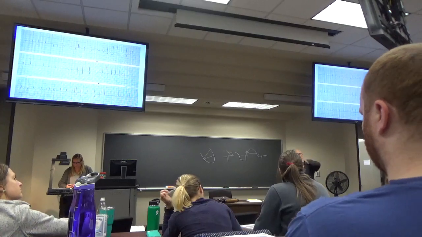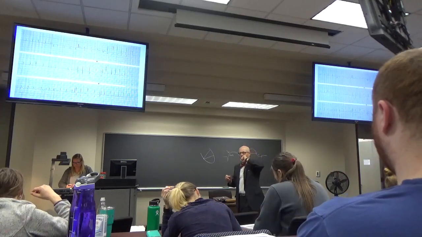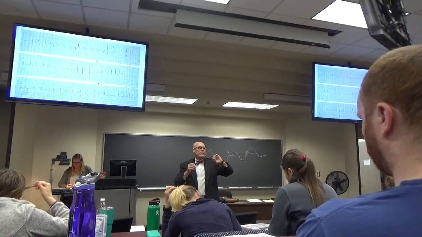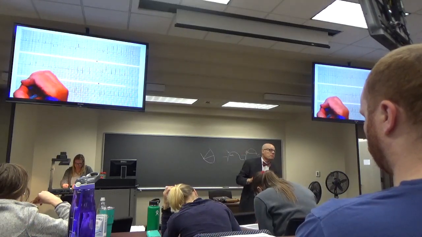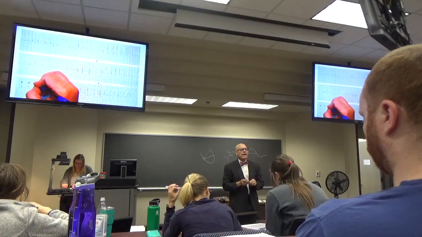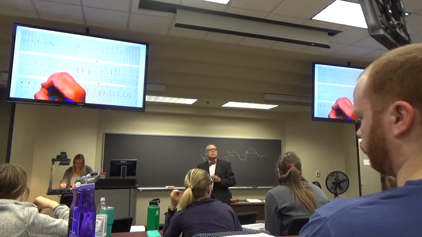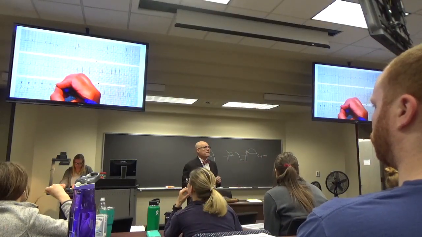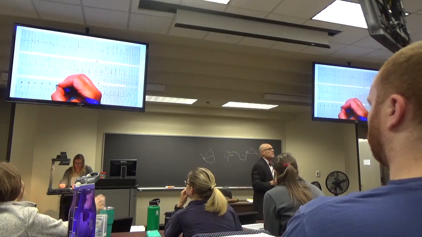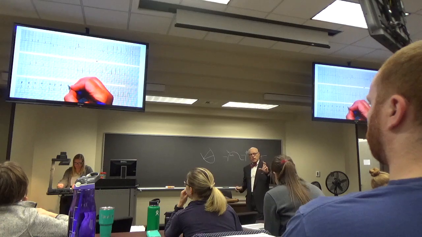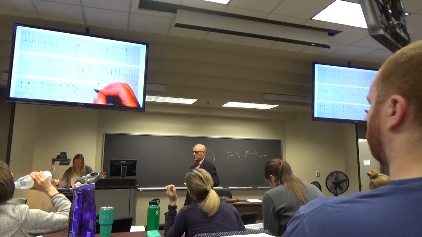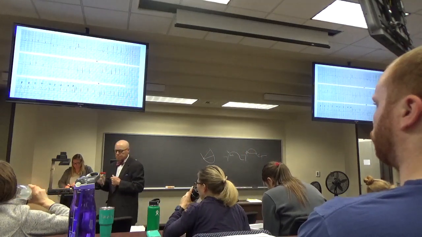So the R waves are irregularly irregular. And when it becomes rapid, the ventricles don't have time to fill during diastole. So the patient can get really hypotensive. Their cardiac output can fall, and this can be a dangerous rhythm.